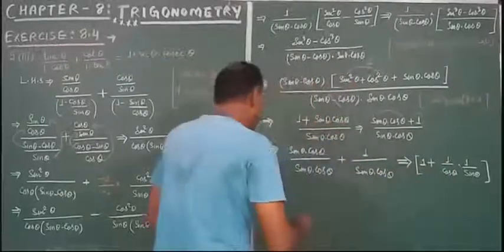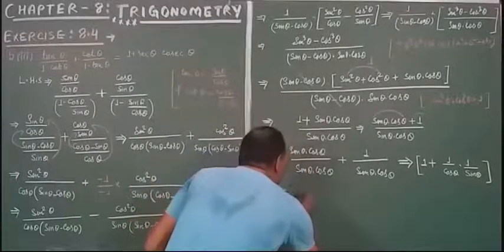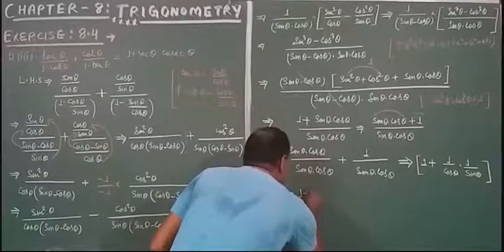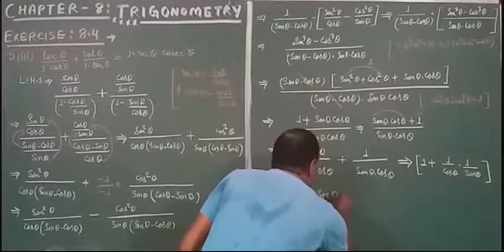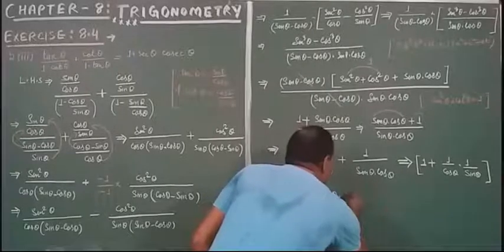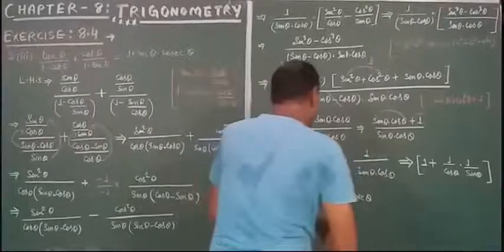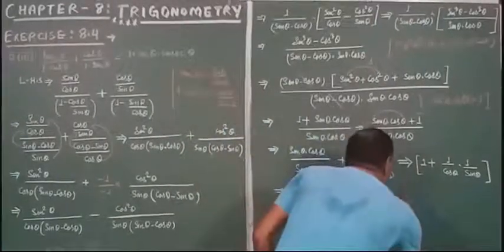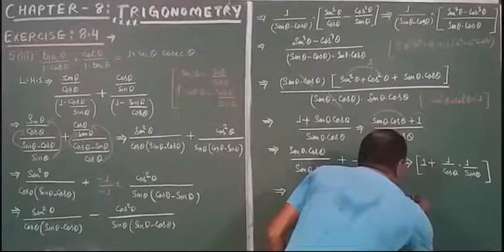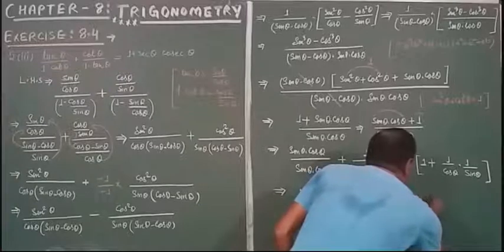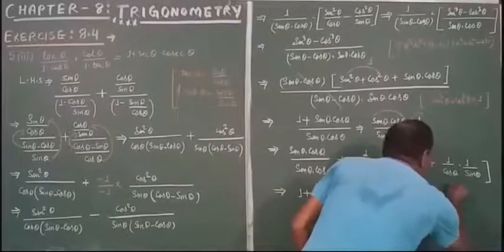Now just look here, there is the identity. The first term is 1 plus, 1 upon cos theta is sec theta and 1 upon sin theta is cosec theta. What identity am I using here? Since sec theta into cos theta is 1, this I have used here.